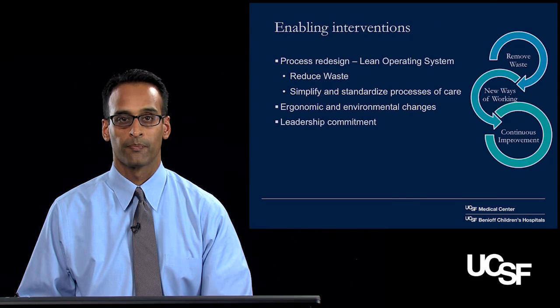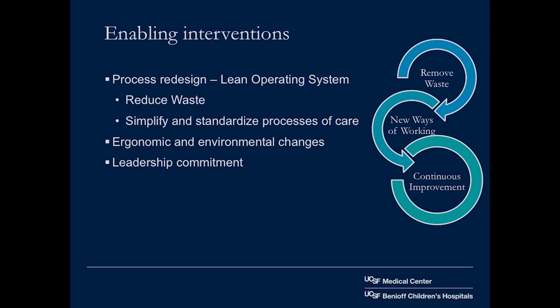Enabling interventions facilitate making the desired behavior natural. In the previous module, we discussed the concepts of the lean operating system and its emphasis on reducing waste. What this often means in a specific environment is reducing unnecessary steps and making work as efficient as possible.